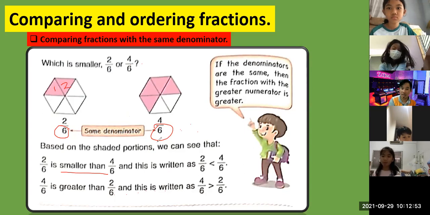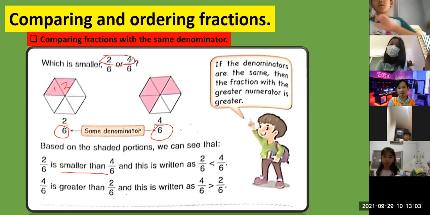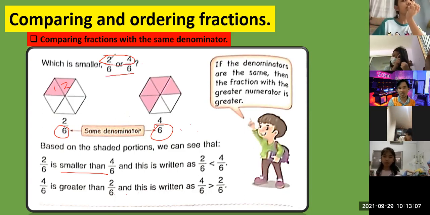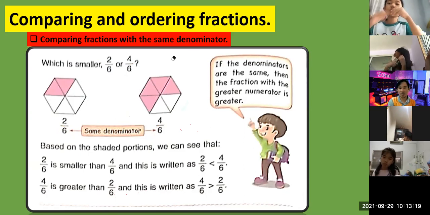If it is the same denominator, 6 and 6, you compare only the numerator. So you compare the 2 and 4. So 2 is smaller than 4. If the same denominator, just look at the numerator. Numerators are the numbers you see on the top. So 2/6 is smaller than 4/6.